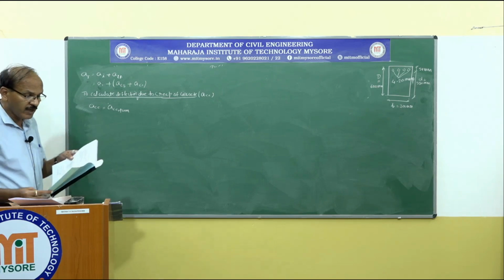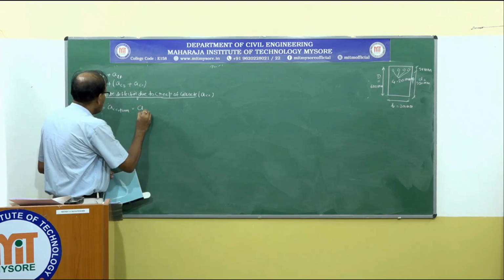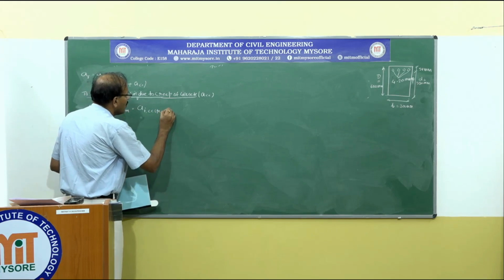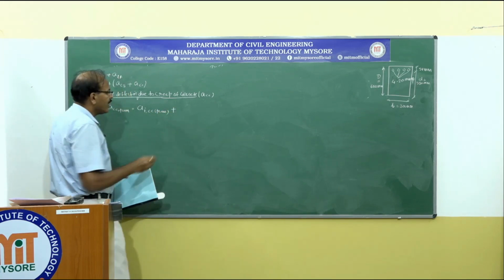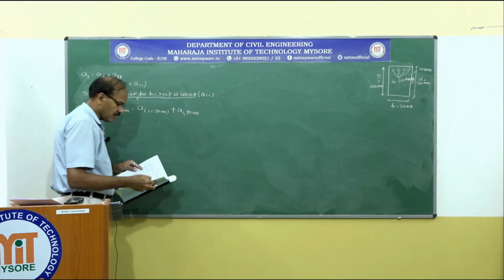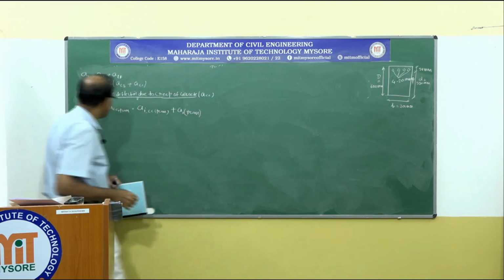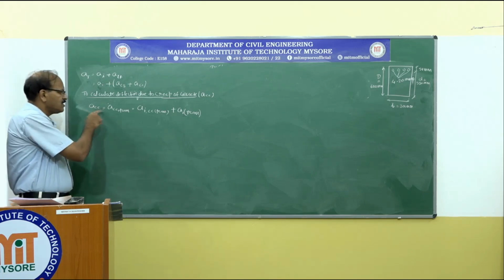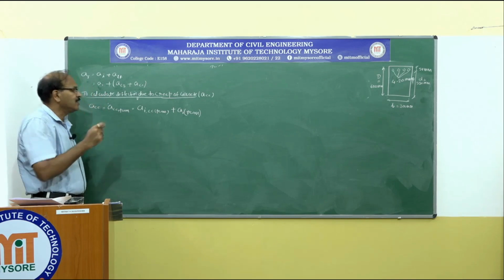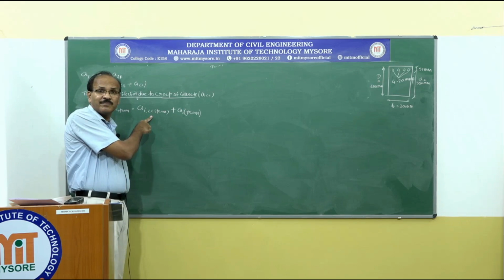So what is the following equation? ACC permanent equal to AICC permanent minus AI permanent, I think it is within bracket. So what is this? ACC is, as per the code, ACC due to permanent load. So this is the total deflection.